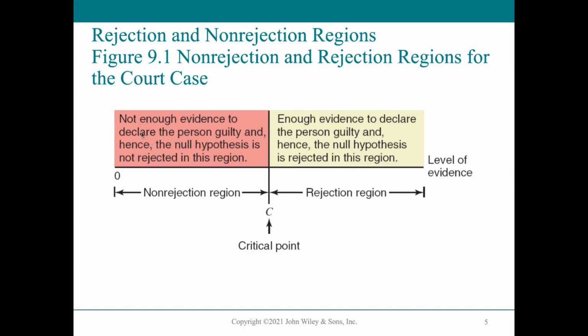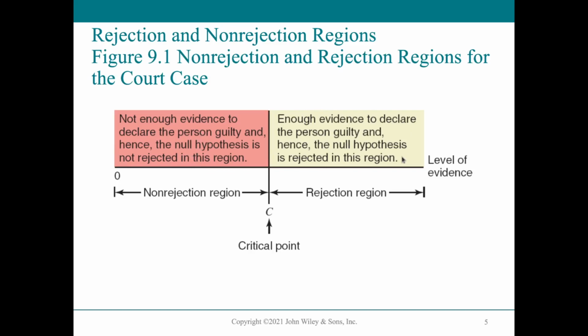If there's not enough evidence to declare a person guilty, that is the non-rejection region. So there is no guilt found. This is just a sample illustration as applied in certain court cases. There is not enough evidence to show that the person is guilty. That is the non-rejection region.